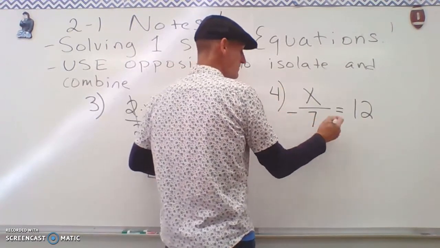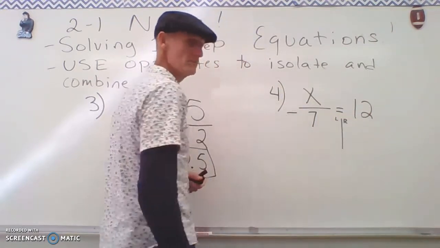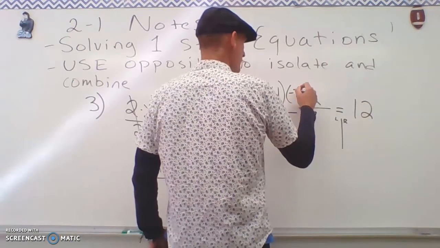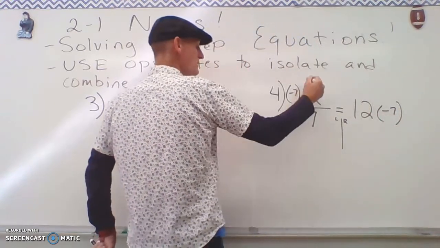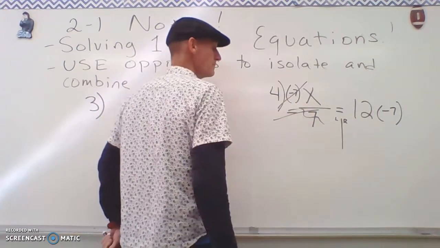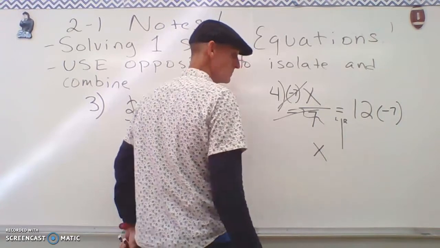X divided by negative 7 is on the left, and the right is 12. Multiplying both sides by negative 7 will cancel this negative 7 out, like that. And then on the left, I have x.